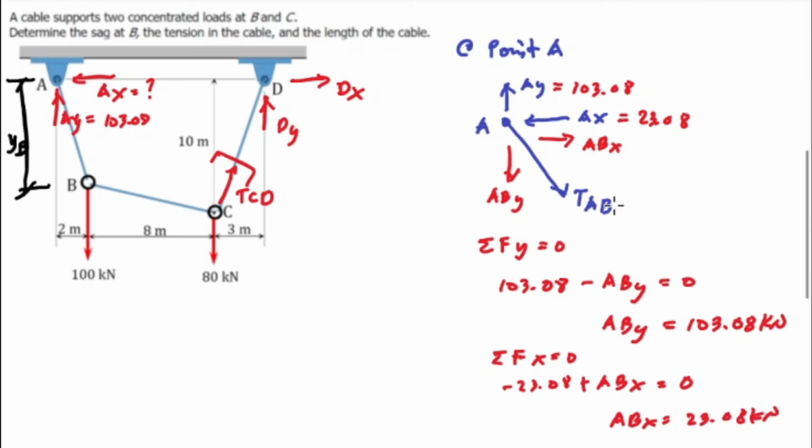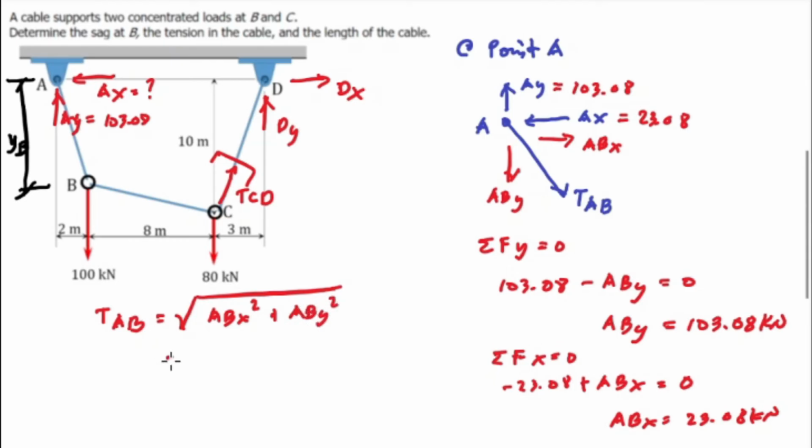We need to find the value for TAB. Using Pythagorean theorem, T of AB is equal to the square root of the square of ABX plus the square of ABY. So we have AB of x squared plus AB of y squared.